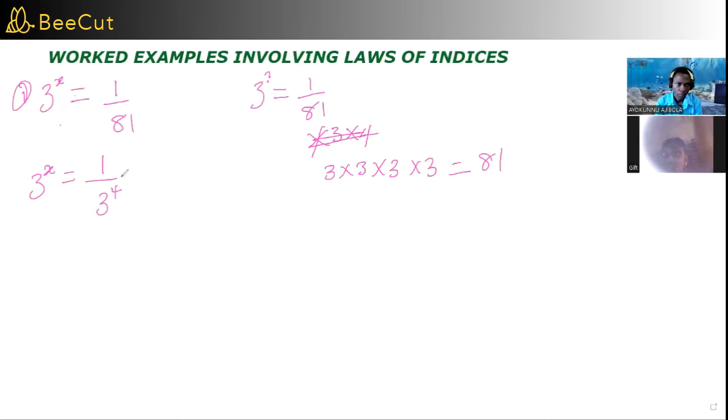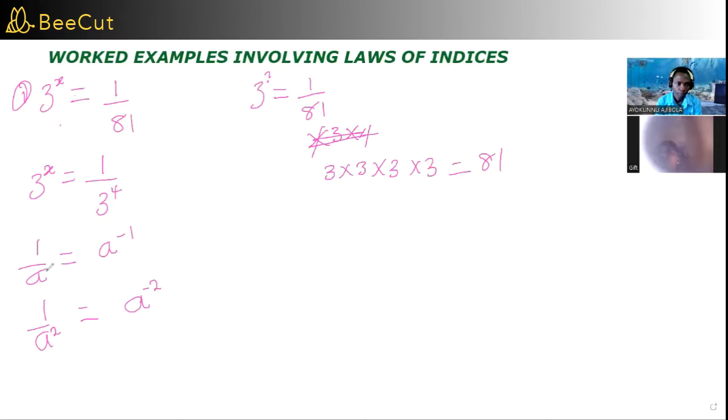So while I have this, there is an aspect of the law of indices that says that if you have 1 over something, you can change it to become that something raised to -1. So if you have 1 over, let's assume, a squared, this is going to become a raised to power -2.